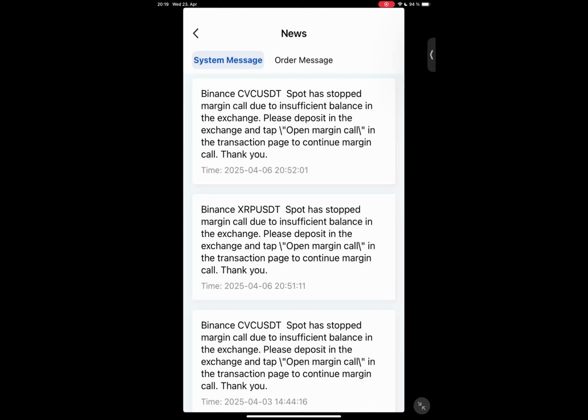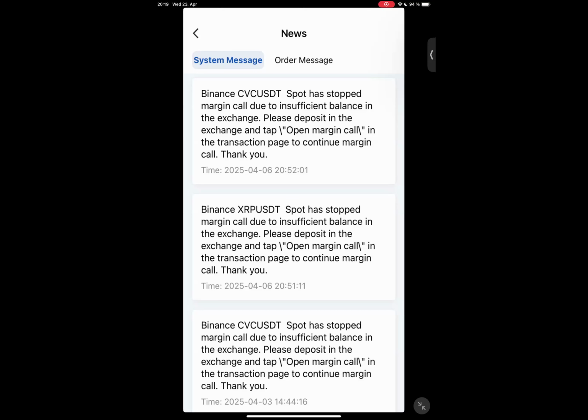You are buying the asset at a cheaper price, and that is the time the robot can buy more for you. It's not when the market is going high that you add more money. No, we don't do that in trading.